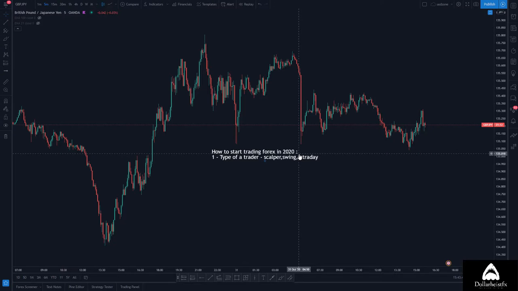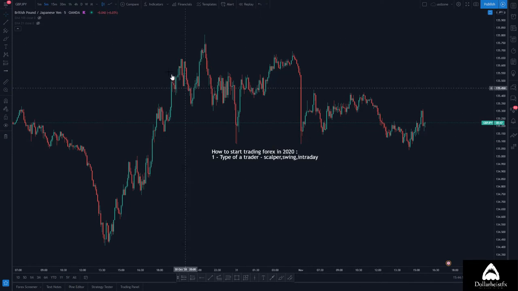Like I said, a scalper takes multiple trades within that one day. As for swing, you take one trade but you hold it for a really long time. As for intraday, you might take one trade, but you hold it for a few days or maybe per day. That's intraday.